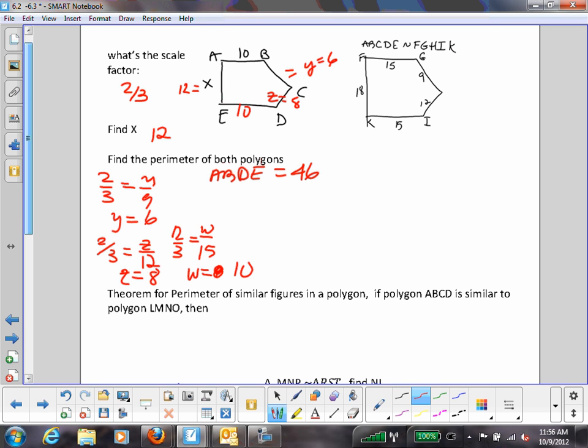What's the perimeter for this one? F, G, H, I, K. Anybody know? Thirty, 60.